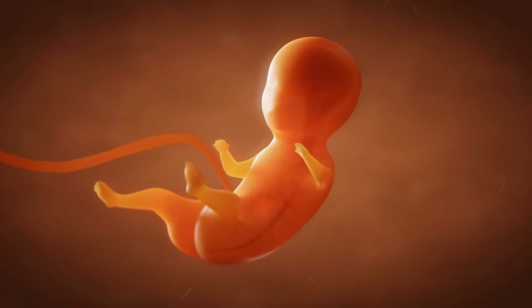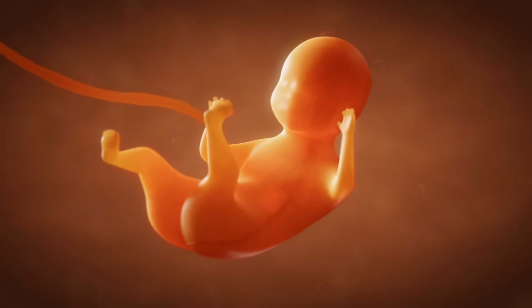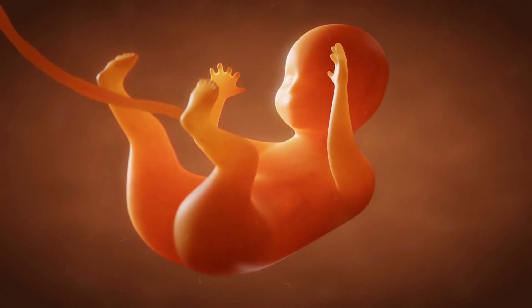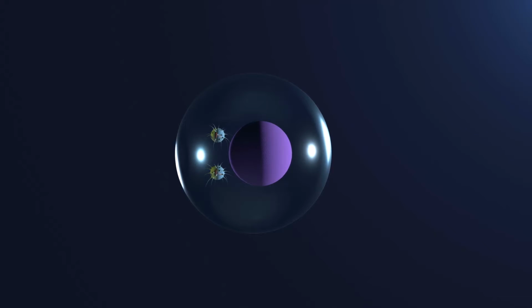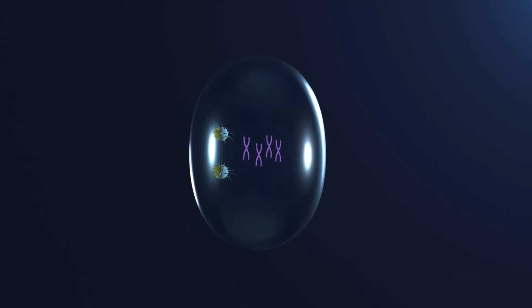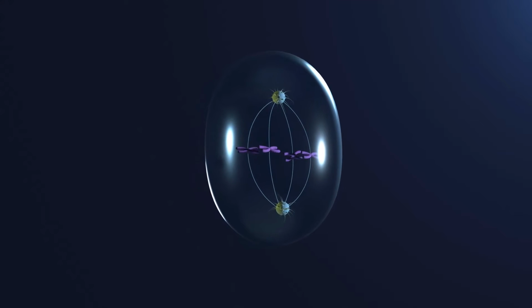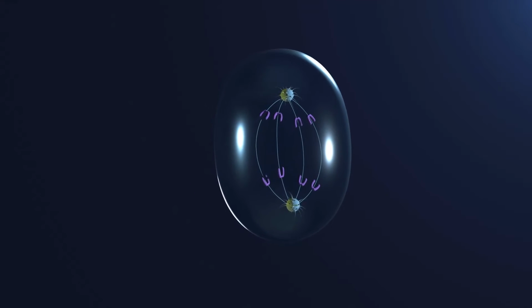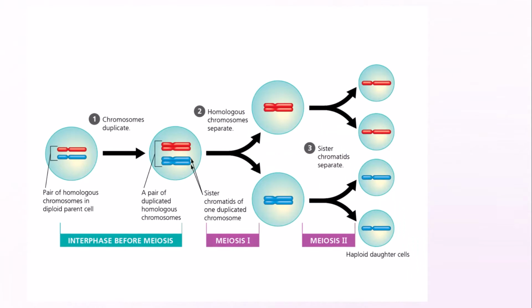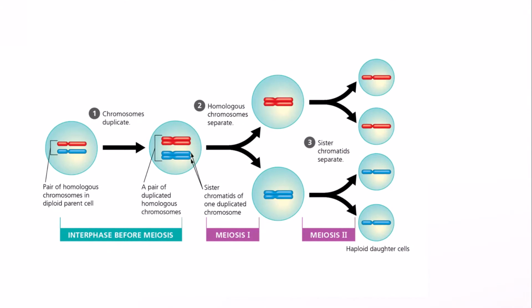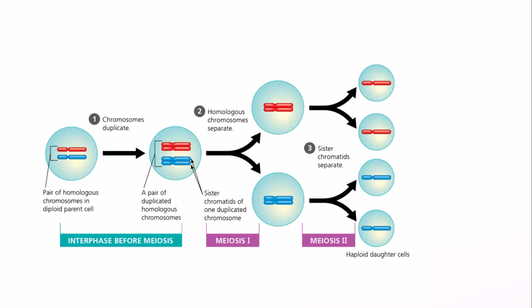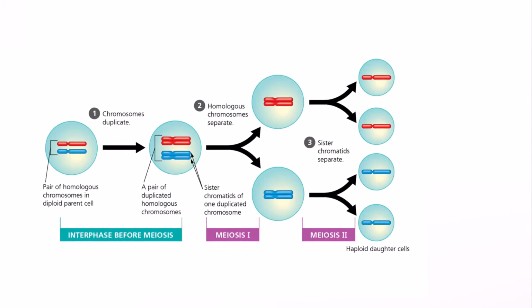The life cycle is completed as the sexually mature adult develops from the zygote. Mitotic cell division ensures that all somatic cells of the body receive a copy of all of the zygote's 46 chromosomes. Producing haploid gametes by meiosis keeps the chromosome number from doubling in every generation.